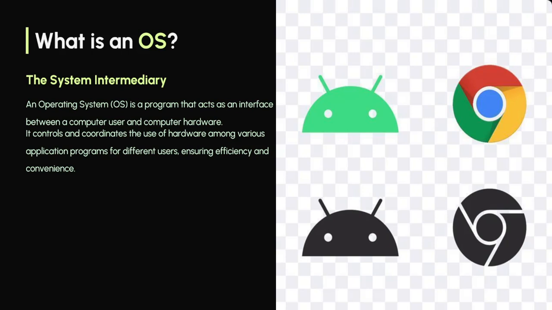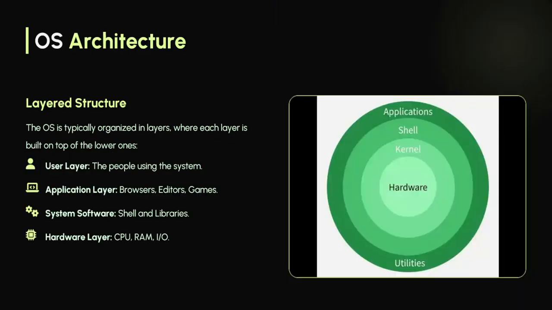If we go in depth, an operating system is a program that acts as an interface between a computer user and computer hardware. It controls and coordinates the use of hardware among various application programs for different users, ensuring efficiency and convenience.